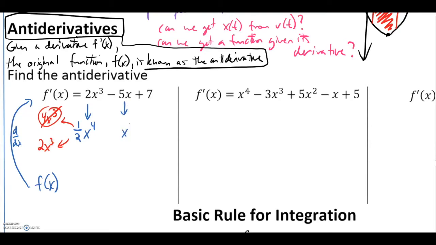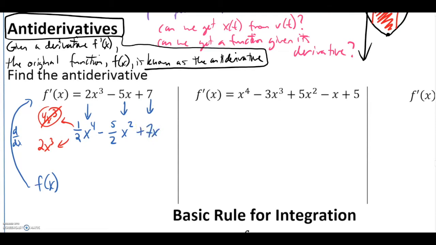Minus 5x, this came from an x to the 2nd power. But again, derivative of x squared would have to be 2x, not 5x. So can you think about a number that you could multiply by 2 and end up with 5? Well, in this case, that would have to be a negative 5 halves. And the 7, that's the easy term on the end.